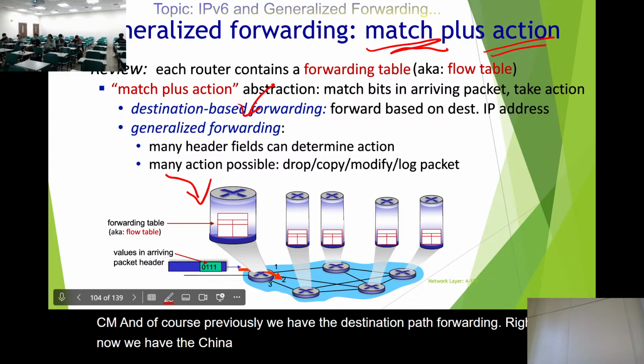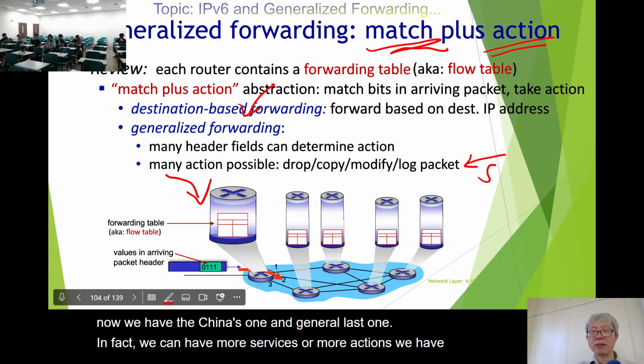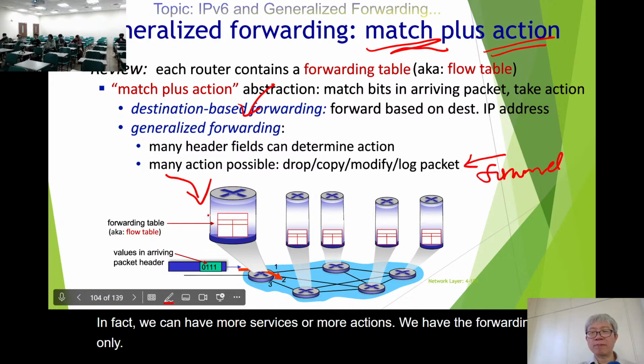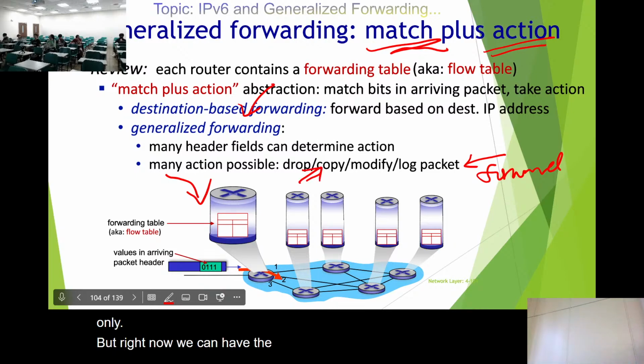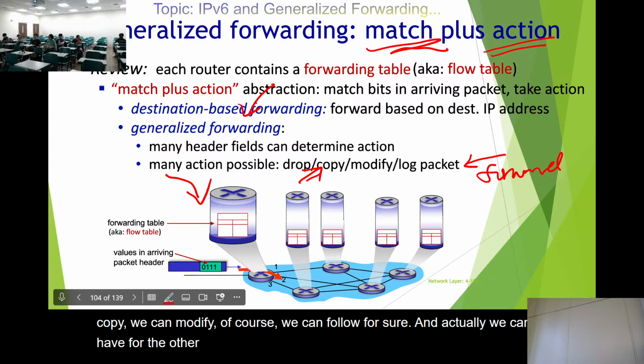And with the generalized one, in fact, we can have more services or more actions. We had forwarding only. But right now we can have other possible actions. We can drop, we can copy, we can modify, of course, we can forward for sure. And actually, we can have other actions. About the pattern.